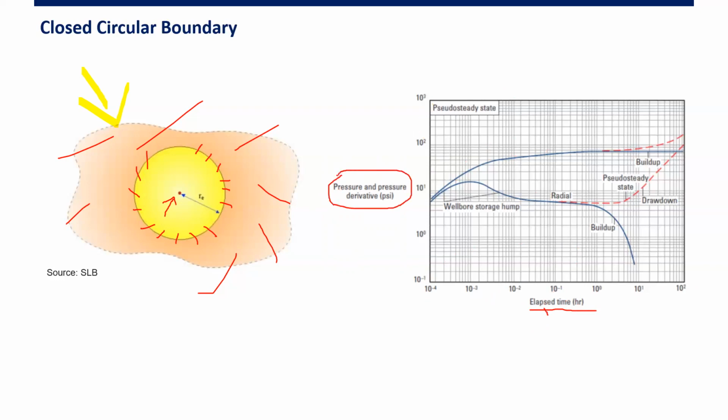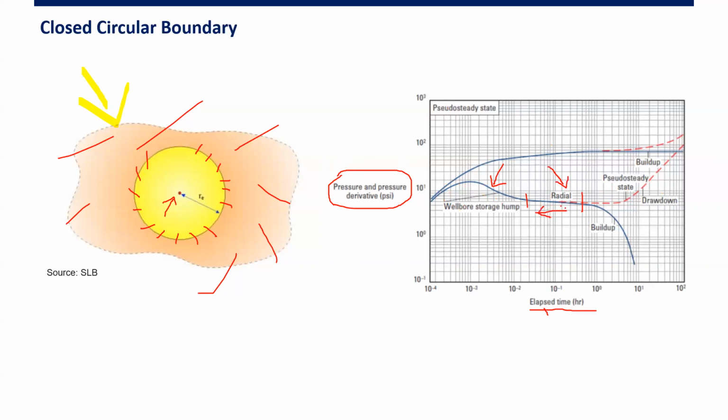So if you perform well testing or pressure transient analysis, and you focus on the drawdown period, then you will have a trend like this. First, of course, at early time you have wellbore storage, and then you have this hump, and then you enter the middle time, and then you find the radial flow, a horizontal line there.